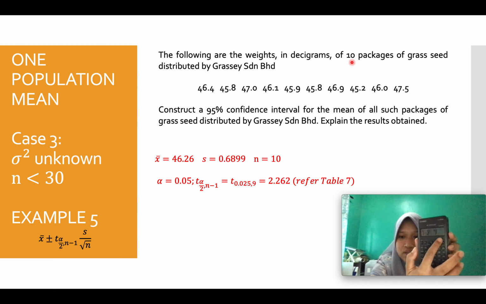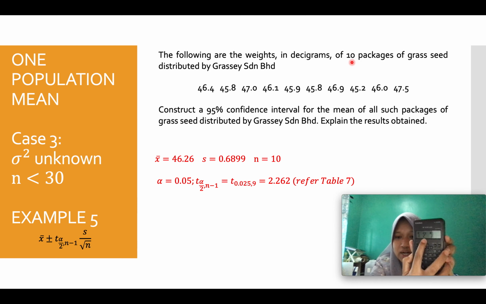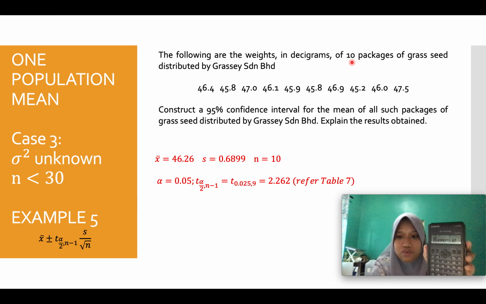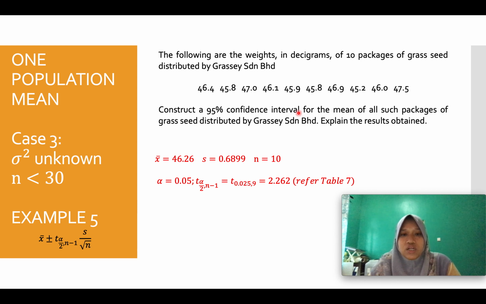So you should take number 3, not number 2, because number 2 is the population standard deviation. Okay, what we want is the standard deviation for this raw data. So we press 3. So I get 0.6899.